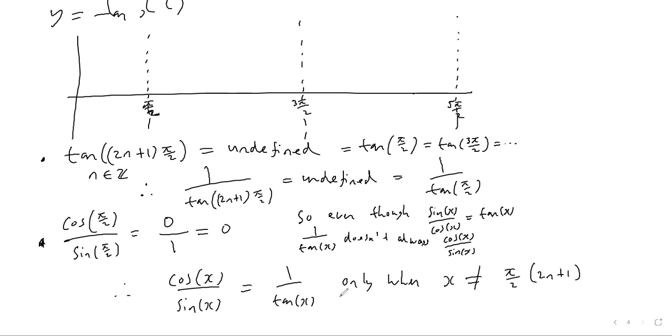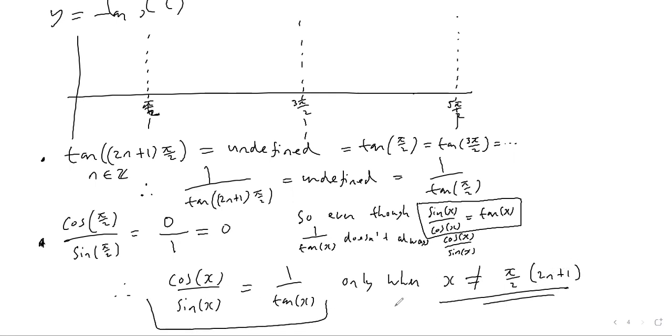When x does not equal that, then yes, this is true. Because we know that sin over cos is tan, flip the fraction on the left-hand side upside down, you get cos over sin. Flip the tan upside down, you get 1 over tan. So it is true, but only when x does not equal pi over 2 times an odd number.